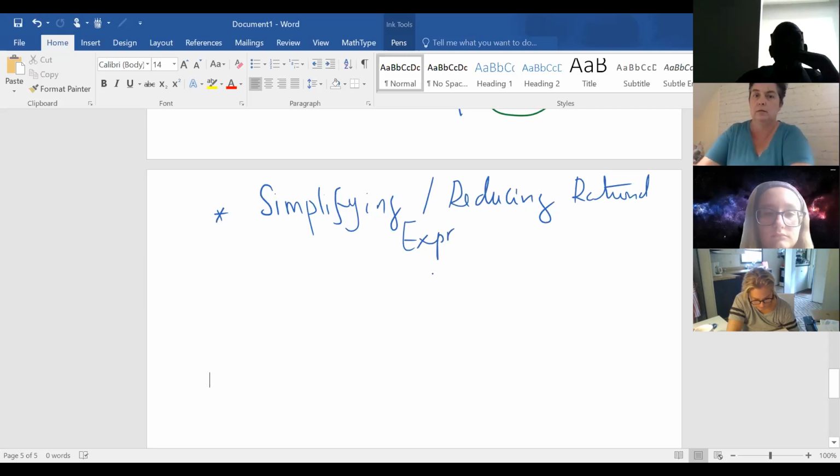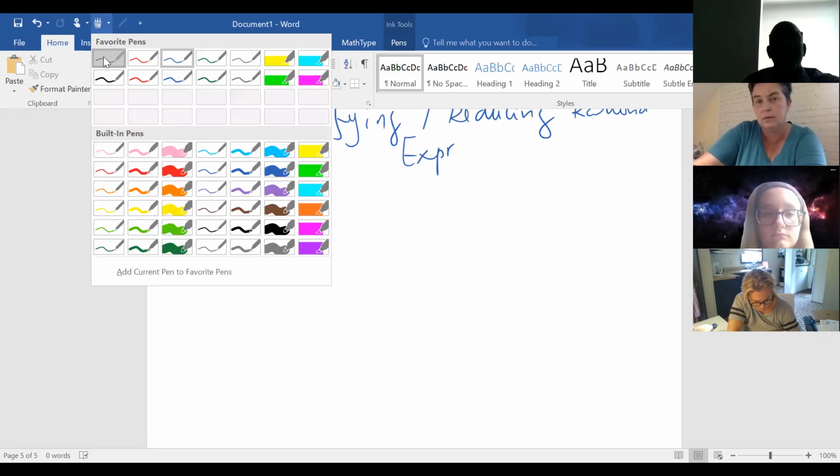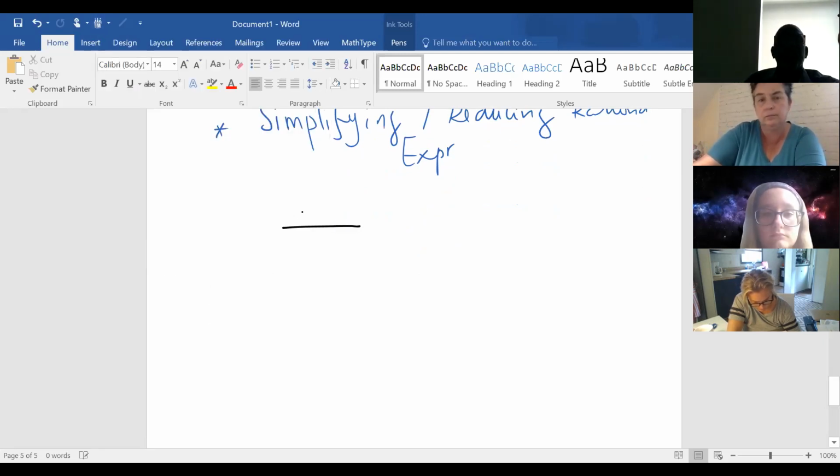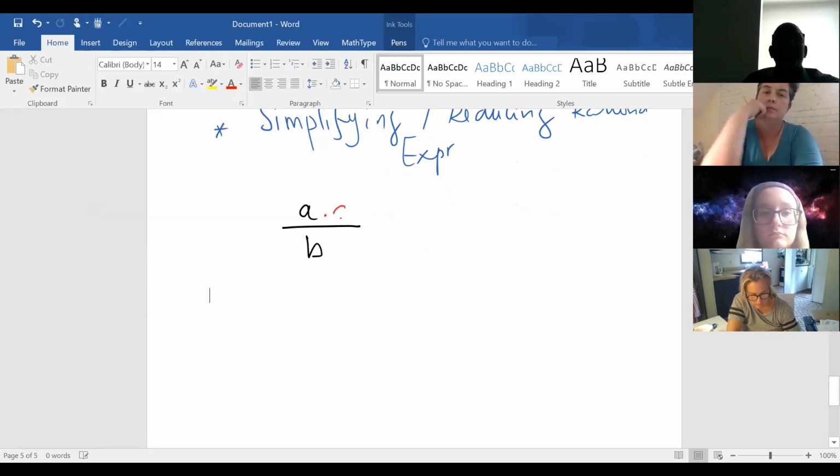All right, so we know that if you have a fraction like this, A over B, and you have the same factor at the top and at the bottom, what can you do? If you have something that looks like this, what can we do?